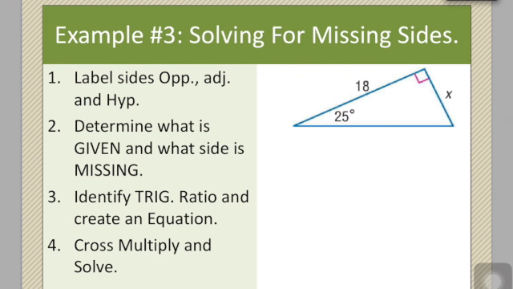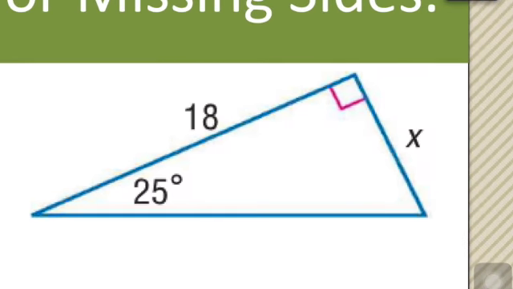So in example 3, we're going to be solving for a missing side. We're going to have the same steps as we did in the last case. We want to label our sides: opposite, adjacent, and hypotenuse. So if I'm starting here at angle 25, then my opposite side has got to be x, right?